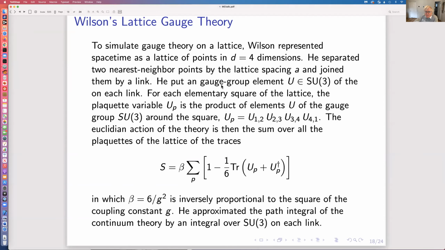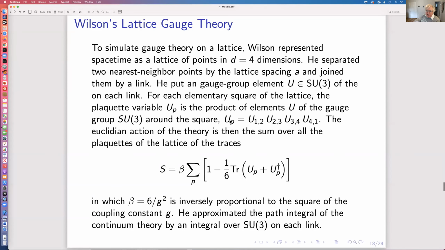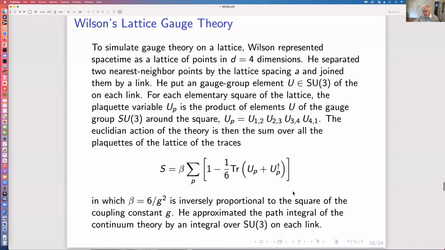He put a gauge group element U of SU(3) on each link. For each elementary square of the lattice, the plaquette variable U sub P is the product of the elements of the gauge group around the square. So it's U12, U23, U34, U41.